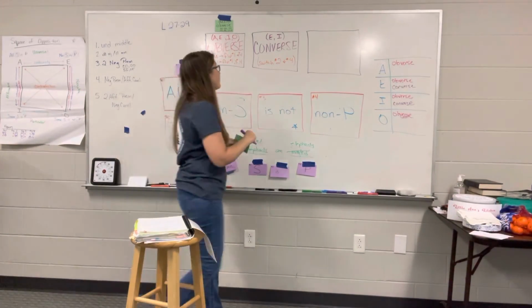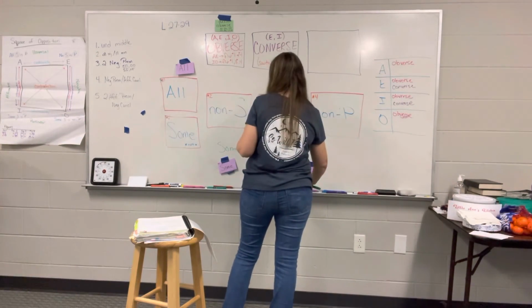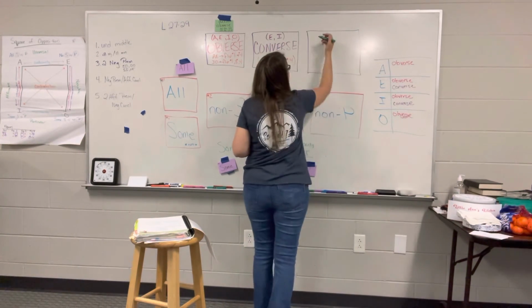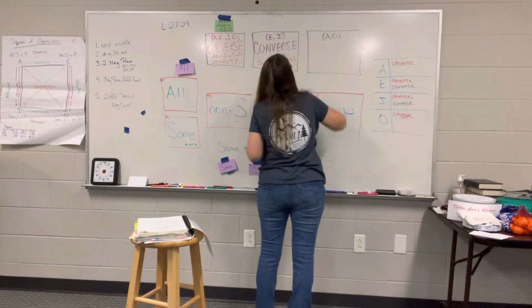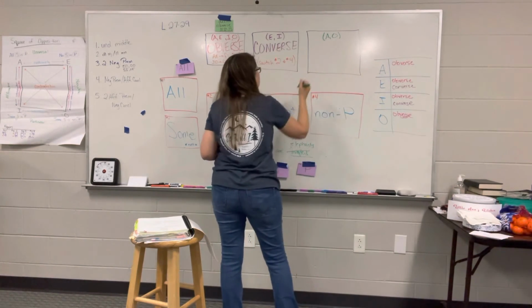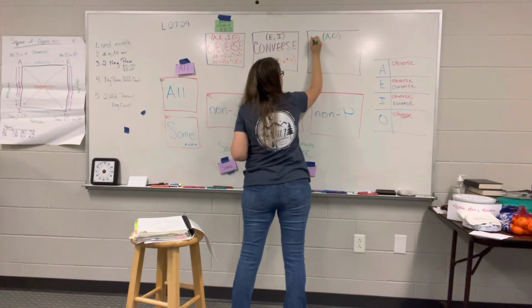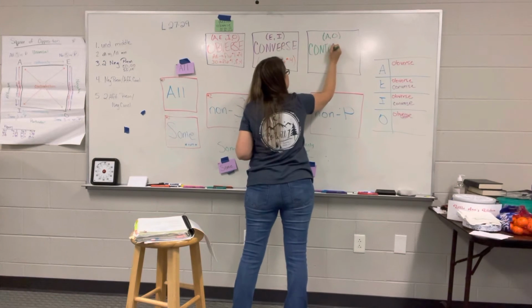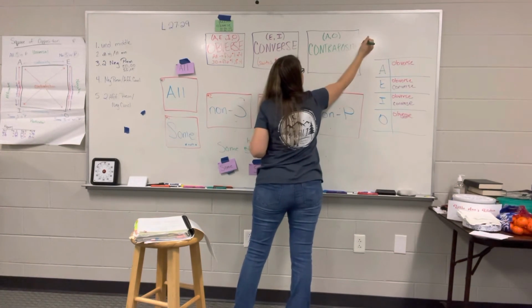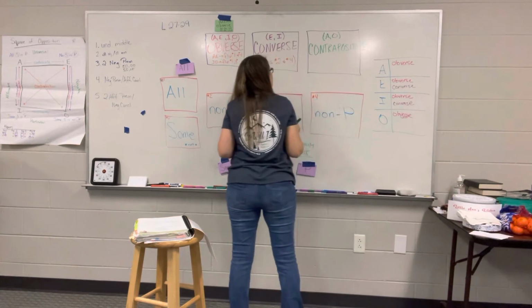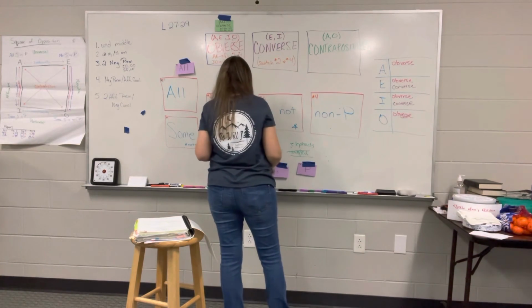The last one can be done on an A and an O, and only an A and an O. This is a big word, so don't start writing it until you see how big it is. It is contrapositive. I'm running out of room.